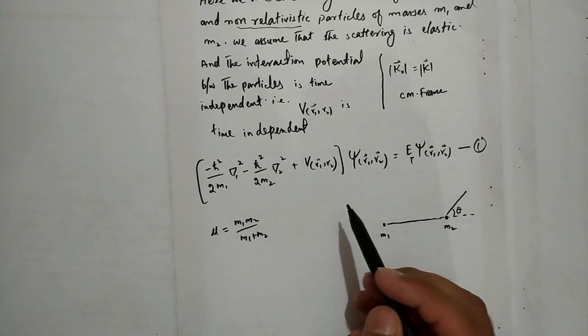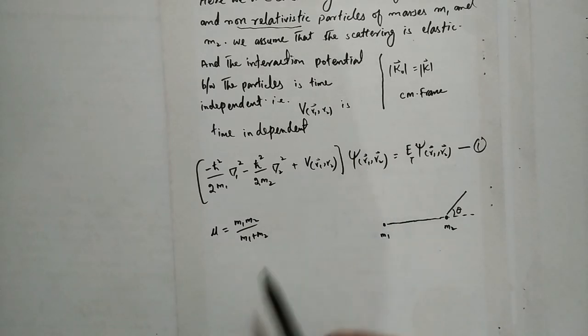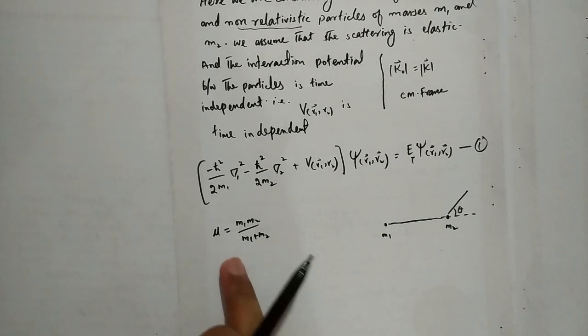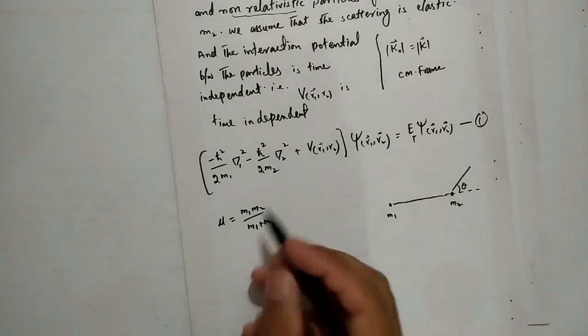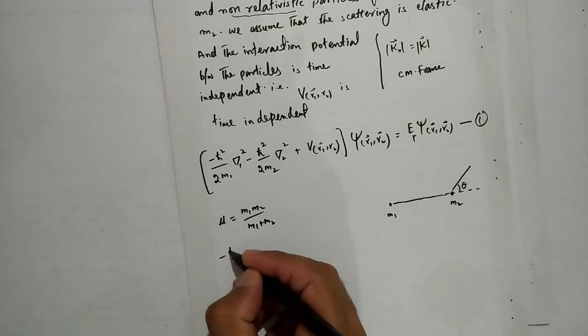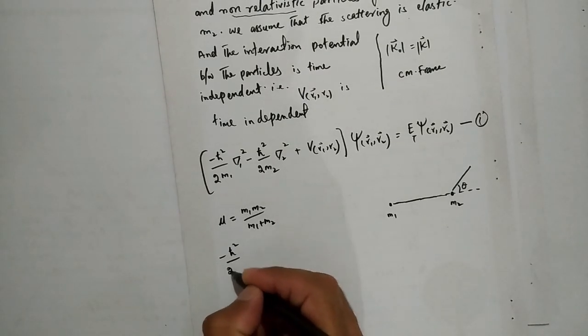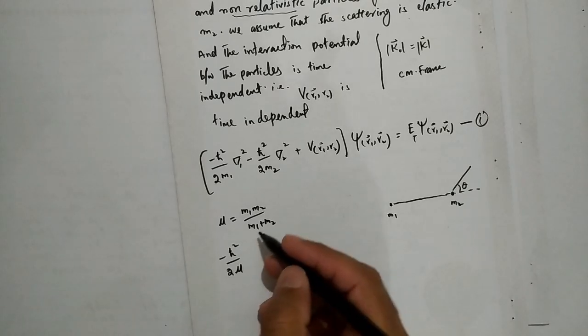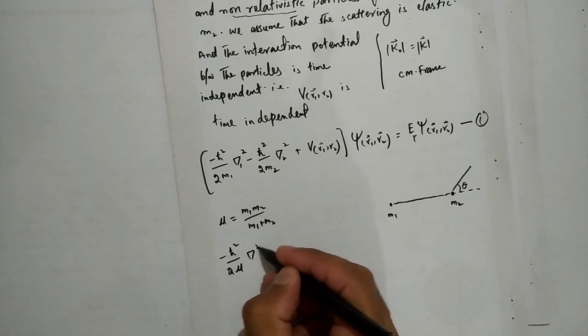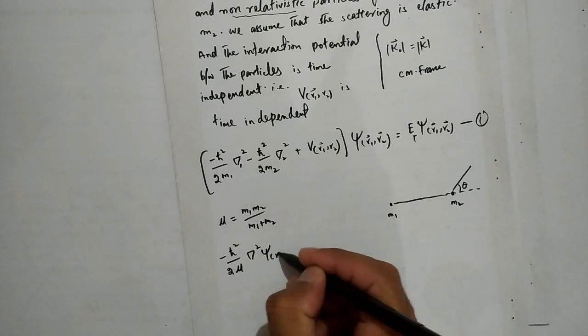And now the Schrodinger equation for this particle, the reduced mass, is minus h cut square upon 2 mu del square psi of r plus V of r psi of r, which is equal to E psi.